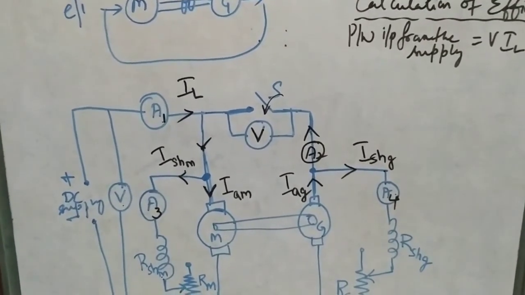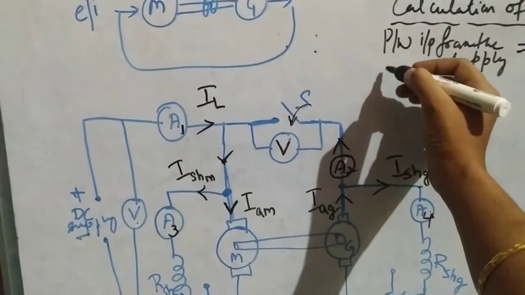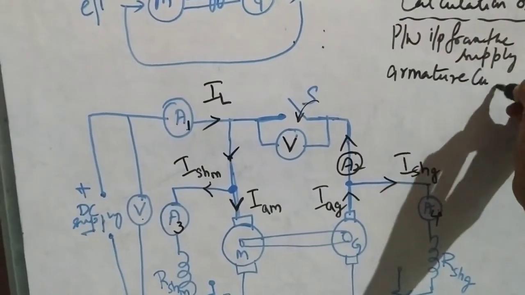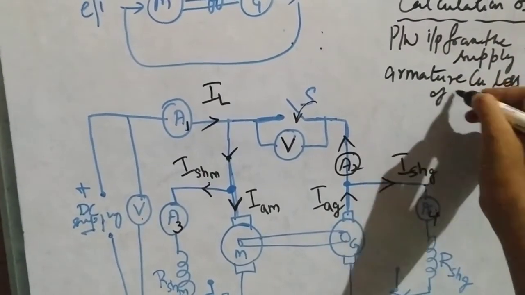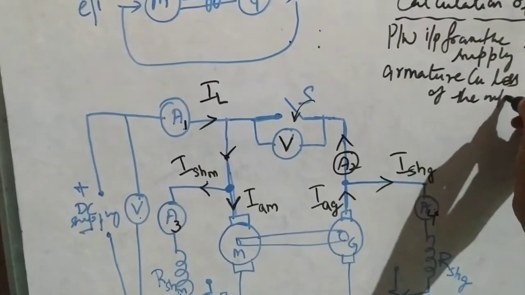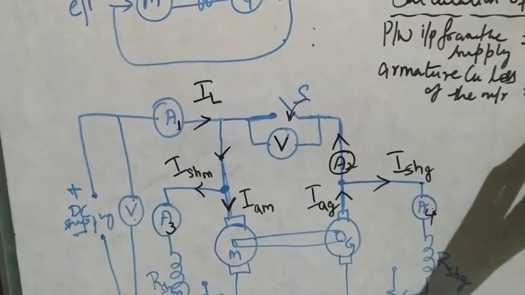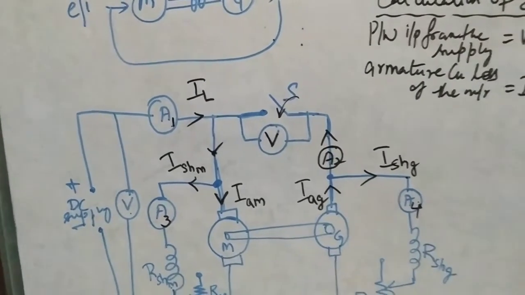What will be the armature copper loss of the motor? Armature copper loss of the motor is equal to IAM square into RA.